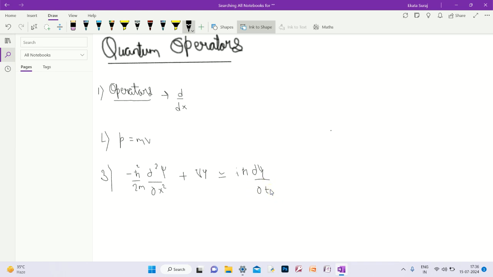So this is a very fundamental equation in quantum mechanics known as the Schrodinger wave equation.